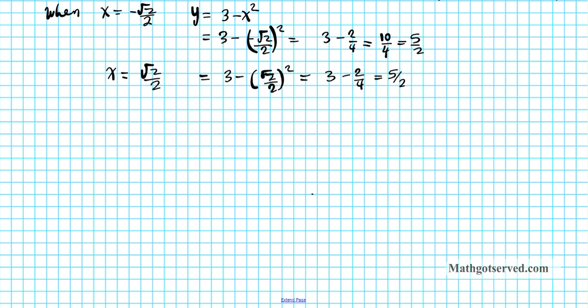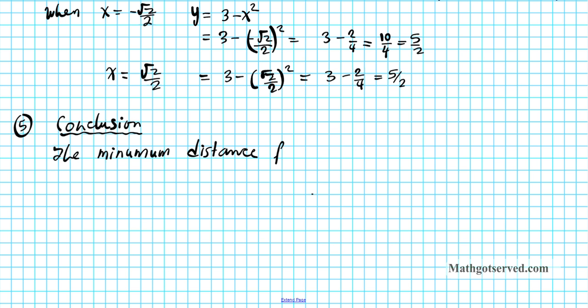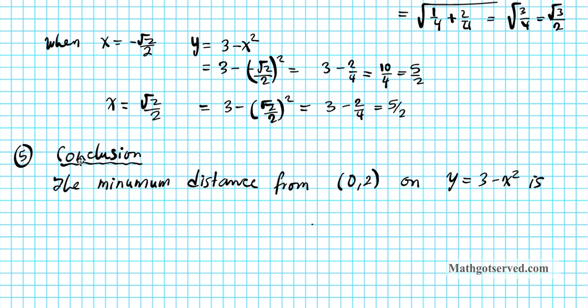All right, so conclusion, which is part 5. The minimum distance from the point 0, 2 on the graph y equals 3 minus x squared is, what did we find the minimum distance to be?